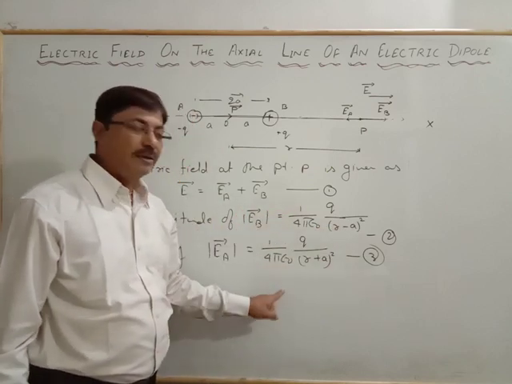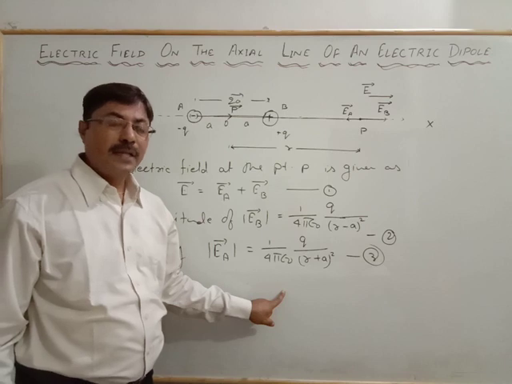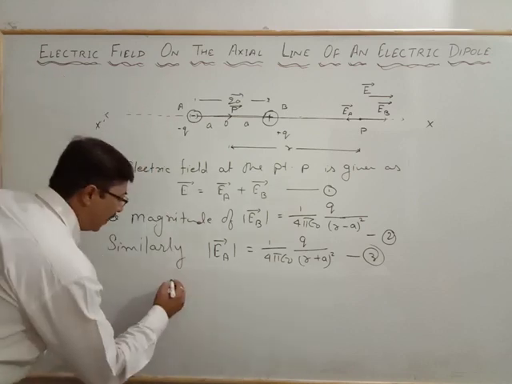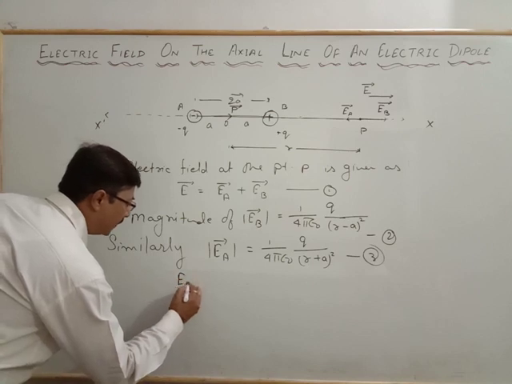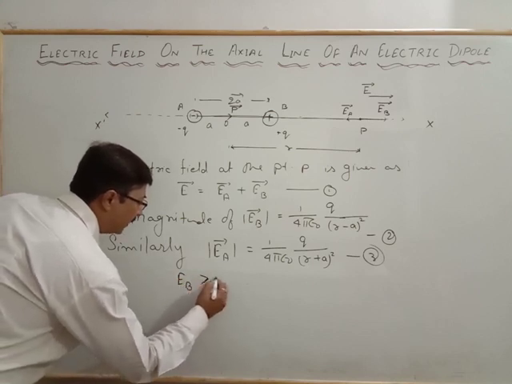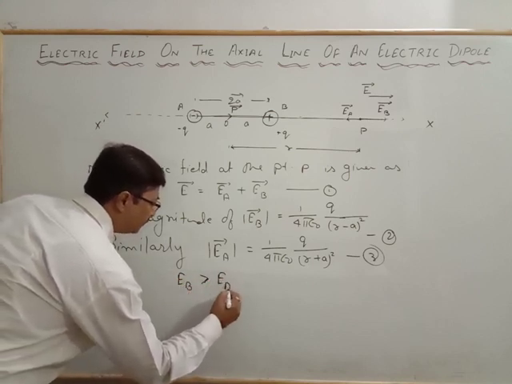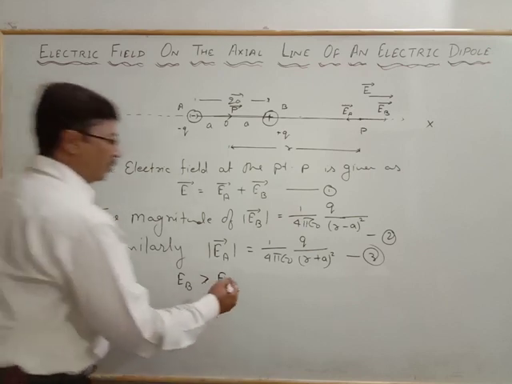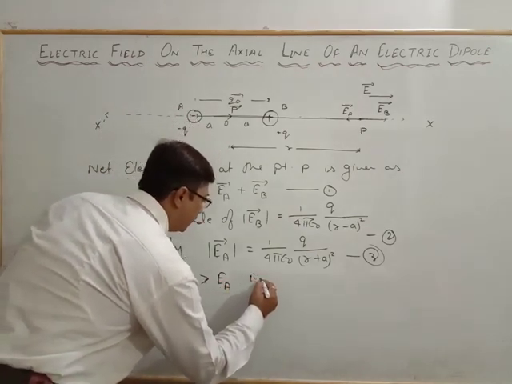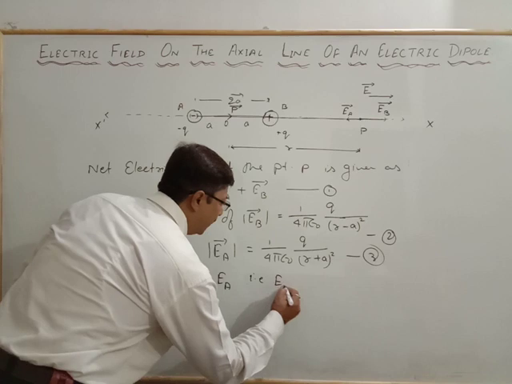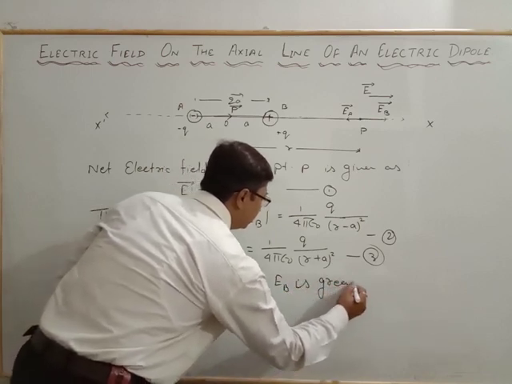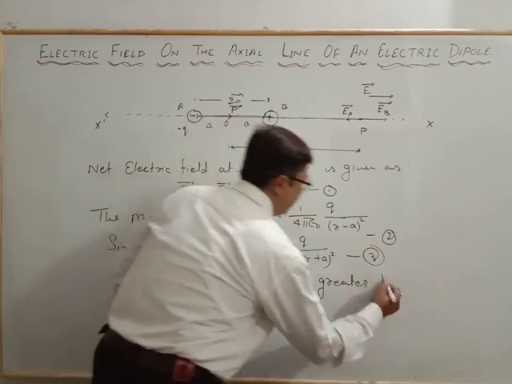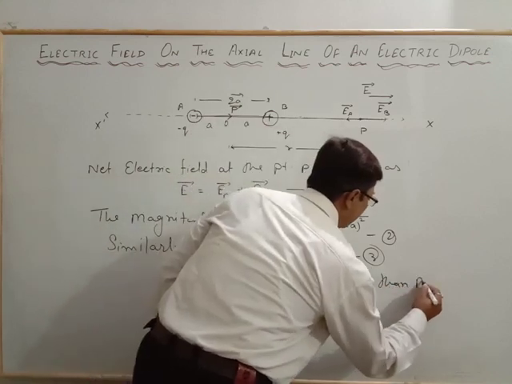So the relation we have here is that the magnitude of EB is greater than EA.